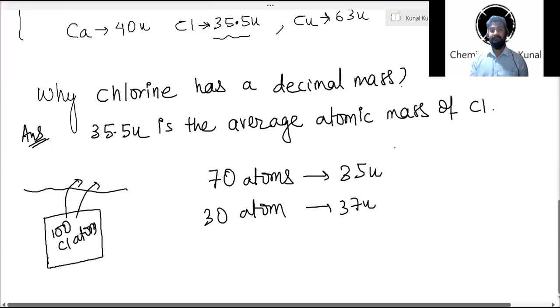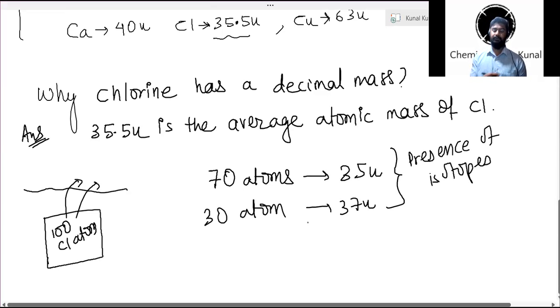The reason we have different masses is because of the presence of isotopes. A chlorine atom has two isotopes, chlorine 35 and chlorine 37. That is why there are different masses. Now imagine you were the chemist, what would you have informed other people the mass of a chlorine atom is?